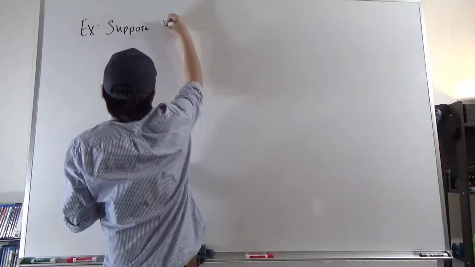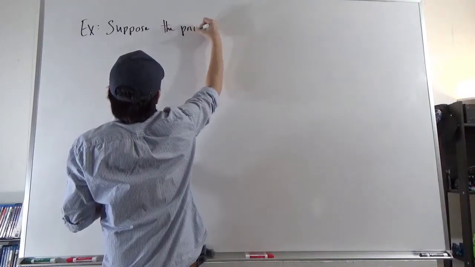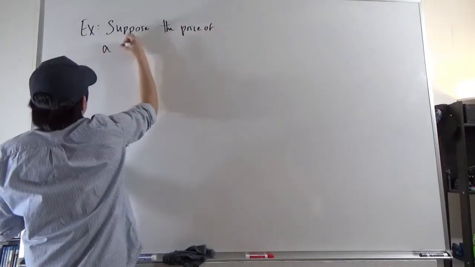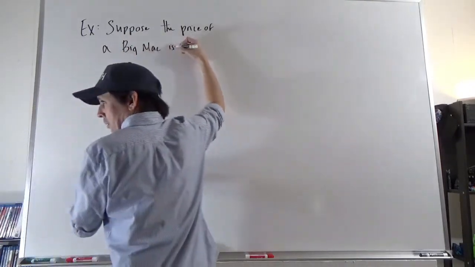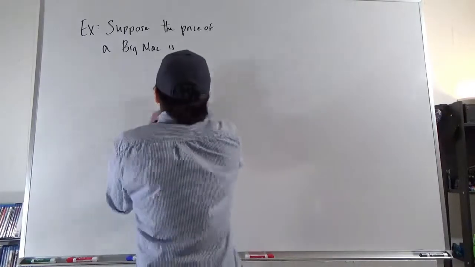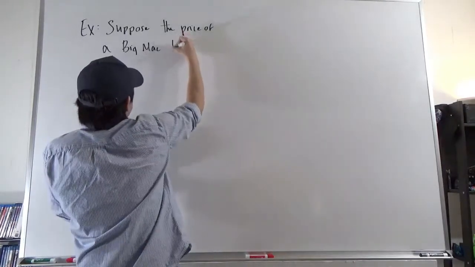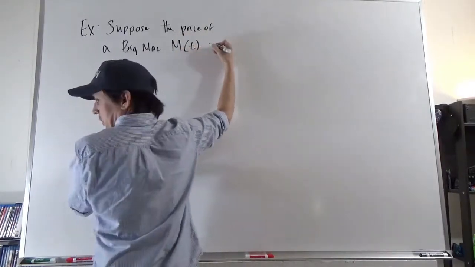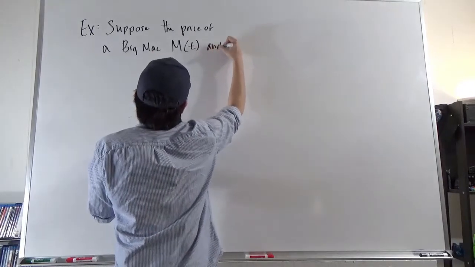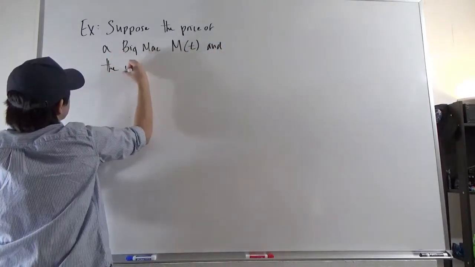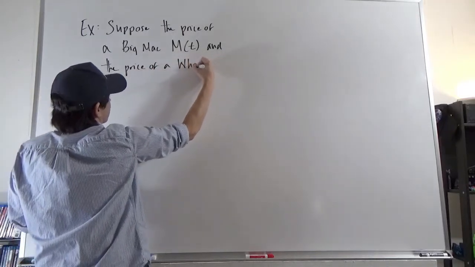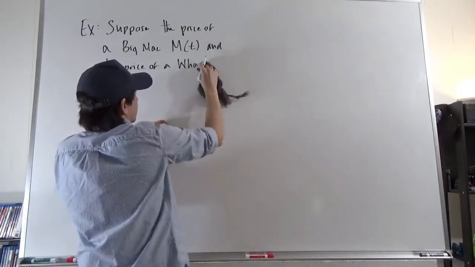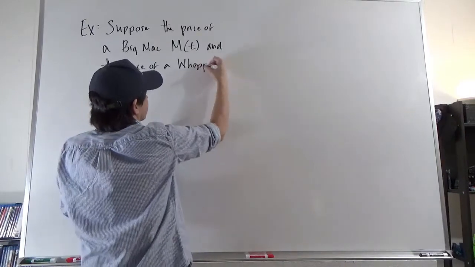Suppose the price of a Big Mac, which we're going to call M of T, or I guess Mac, and the price of a Whopper from Burger King, which has 2 P's, I know that.